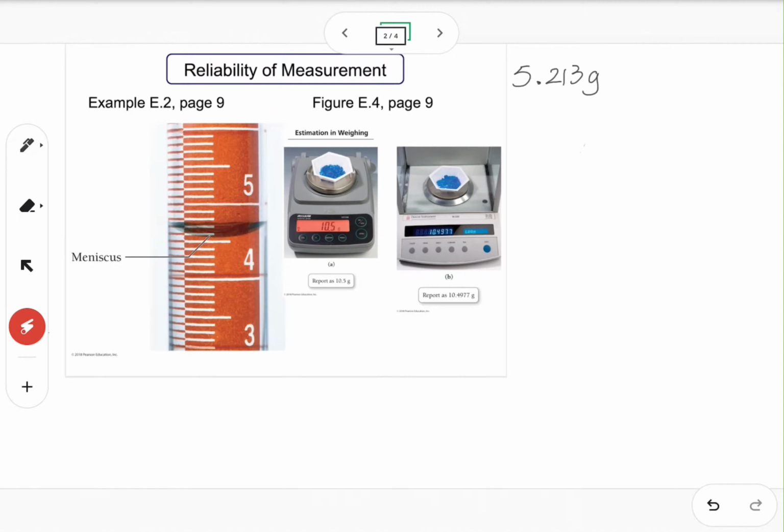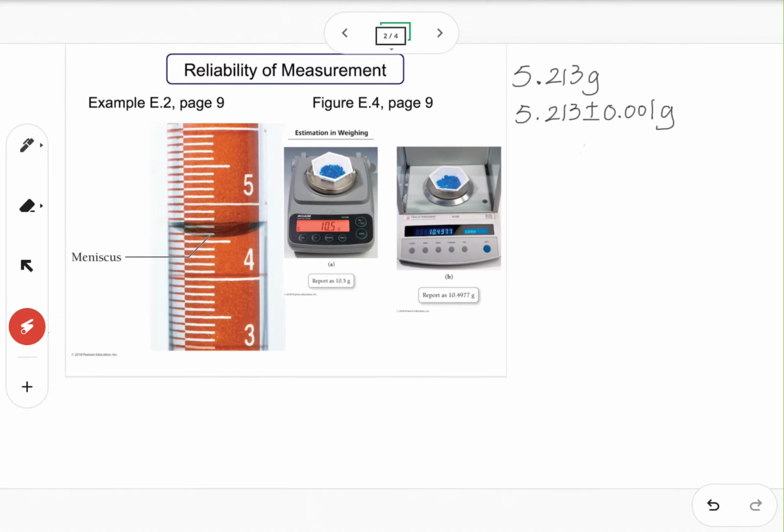One way to reflect this uncertainty is to write the data as 5.213 plus minus 0.001 gram. So this 0.001 part represents the uncertainty of the data here.